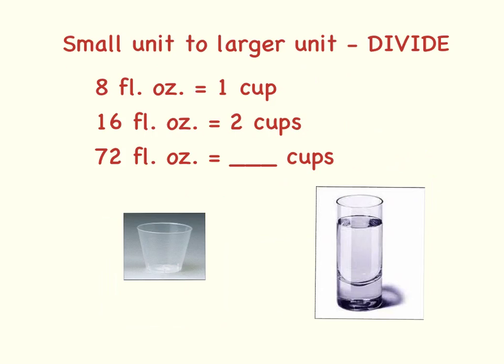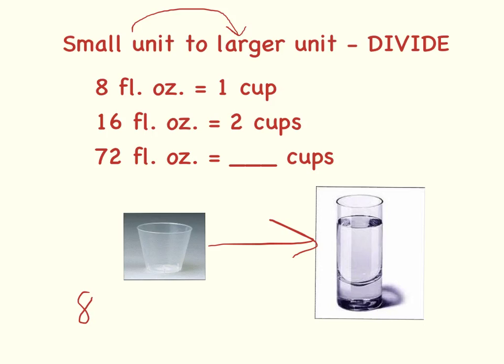All right, if I wanted to convert from a small unit to a large unit, I'm still going to ask myself that same question. How many of the smaller units are in the larger unit? So this picture here shows me ounces. That's my small unit. So how many fluid ounces are in 1 cup?